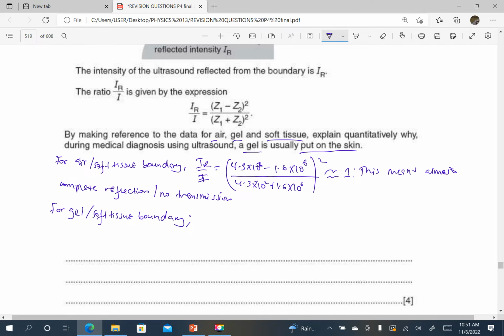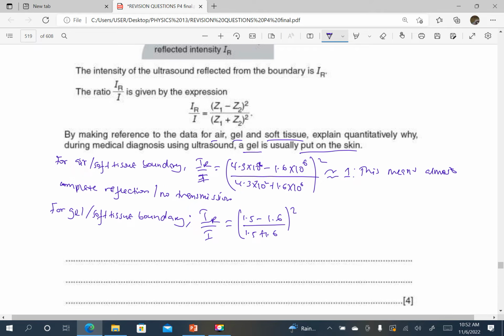For the gel soft tissue boundary, I_R over I is going to be equal to, we substitute, the gel has an acoustic impedance of 1.5 minus the other one, 1.6, divided by 1.5 plus 1.6, and then squared.